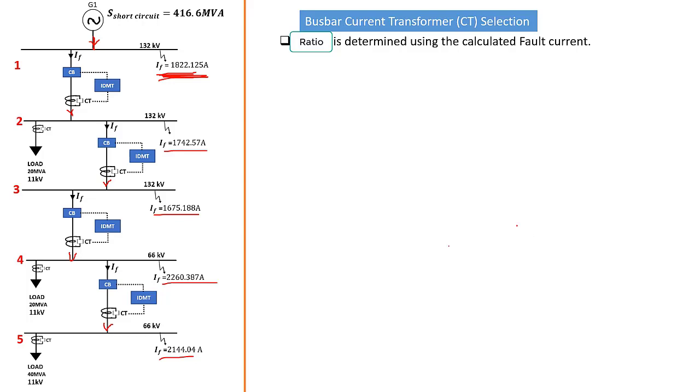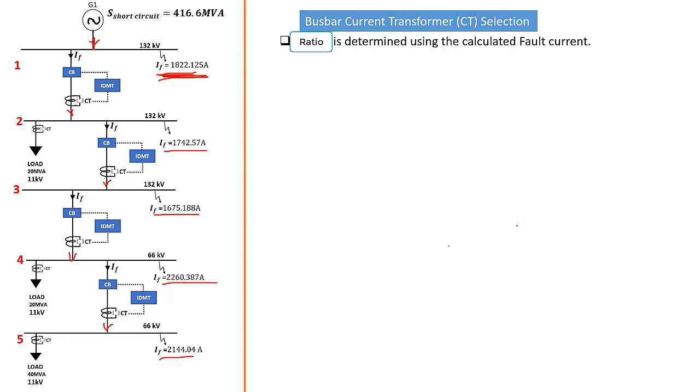So the current transformers selected here have to be able to protect our transformers and other equipment that are connected on the bus bar. Now there is another property of the current transformer that is called accuracy class factor or accuracy limit.